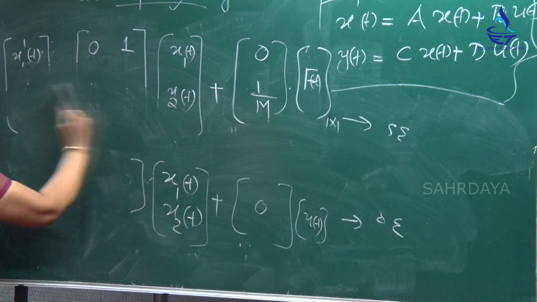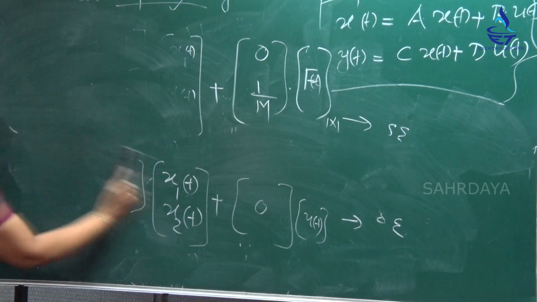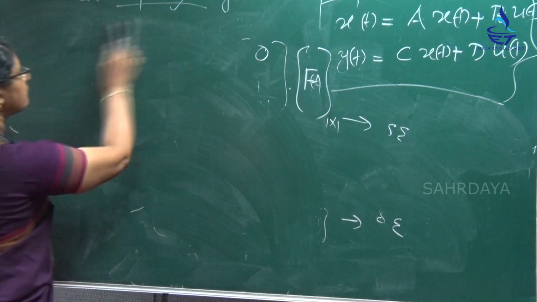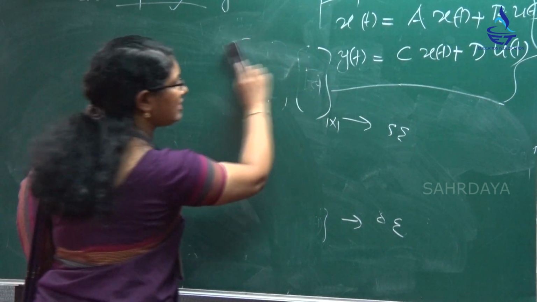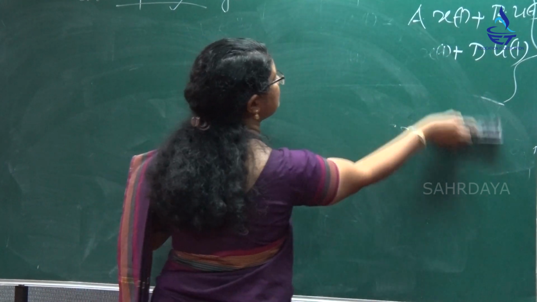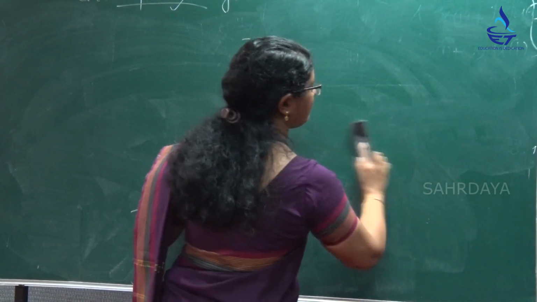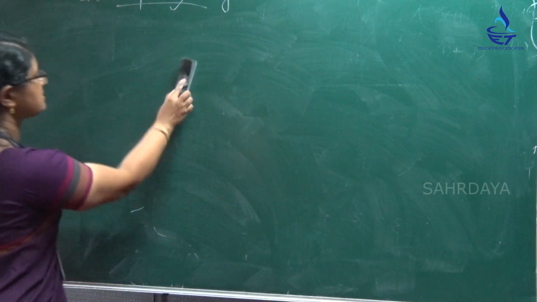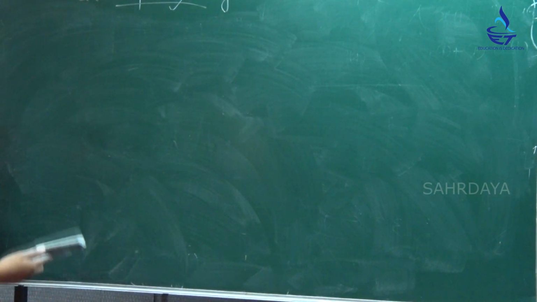Now the state space representation is not a unique one. Depending upon the choice of the state variables, depending upon your variables of interest or the way in which your equation is written, there are different types of state variable representations. And I can give you a comprehensive look at the different forms of state space representations.